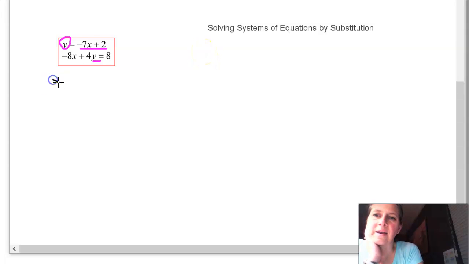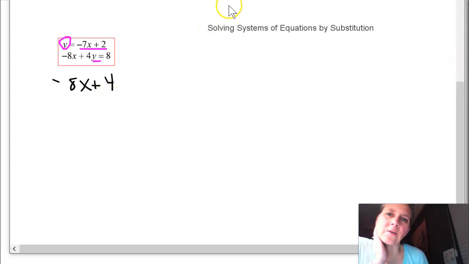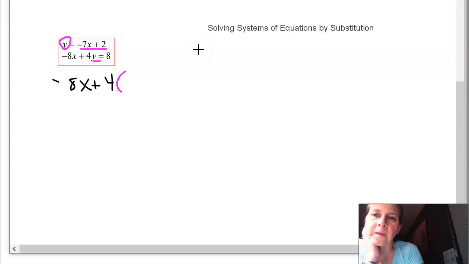So I say negative 8x plus 4, now I could write y there because that's what's next, but I'm not going to because I'm going to be putting in my y. I'm going to do it in that other color. And then the y is that part that I underlined right here, the negative 7x plus 2. Okay.